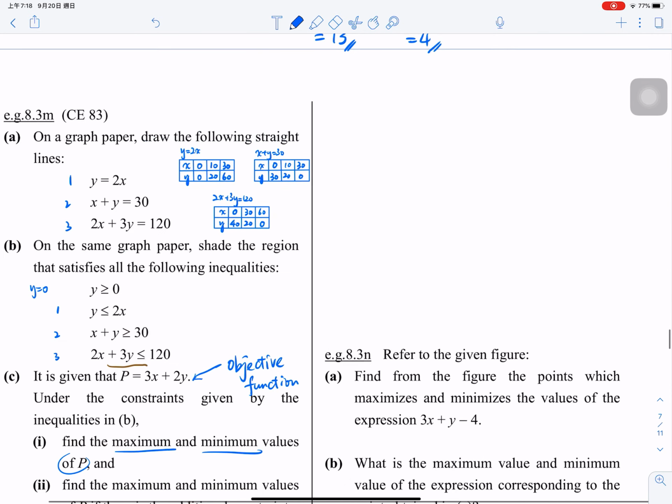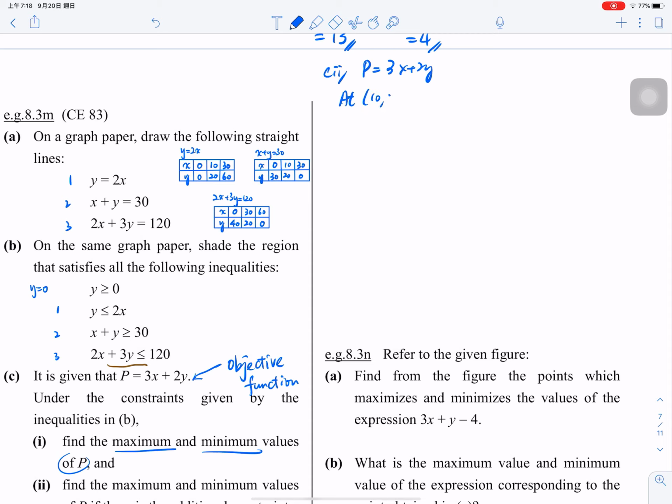So let's see. I'll write down here C2. P equals 3x plus 2y. So you need to write down 10, 20, point A; B, 15, 30; no more C, this time it is D, 30, 0. You need to compare all the points, E, 45, 10, and F, 45, 0.